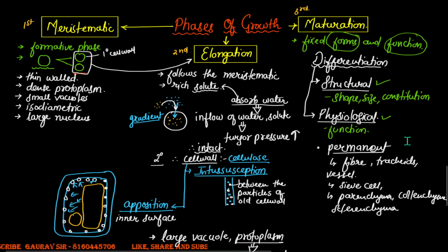So I would want you to understand that during this phase of maturation, a cell has attained maximum size in respect to its cell wall thickening, and the protoplasmic modifications that were to be undertaken by the cells are completed. No further changes would take place once the cell has matured, right?